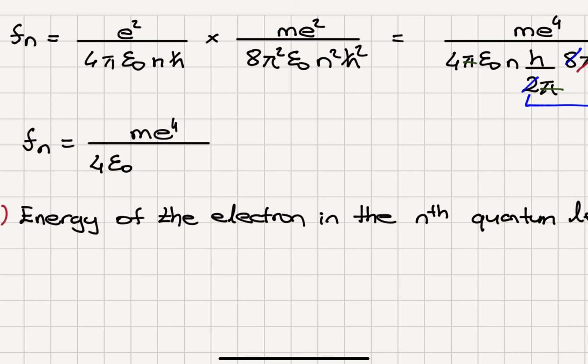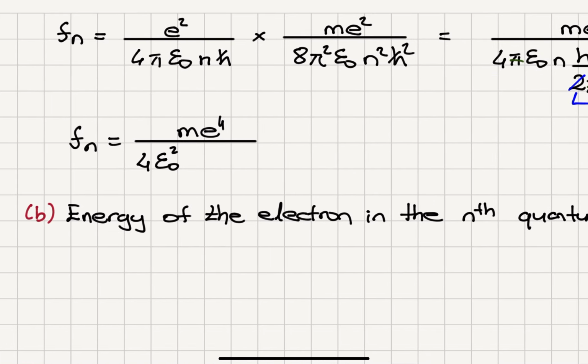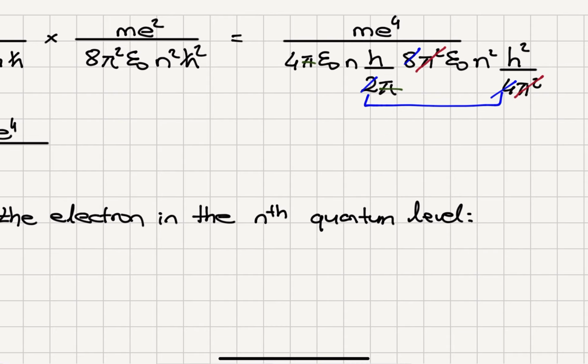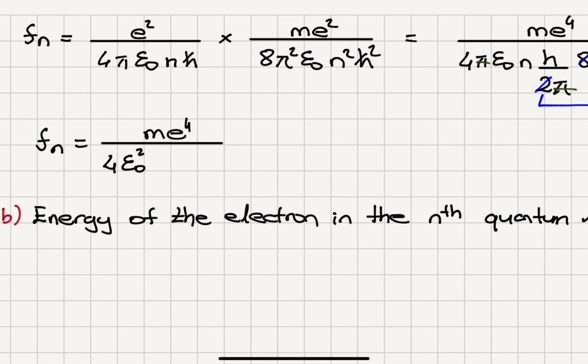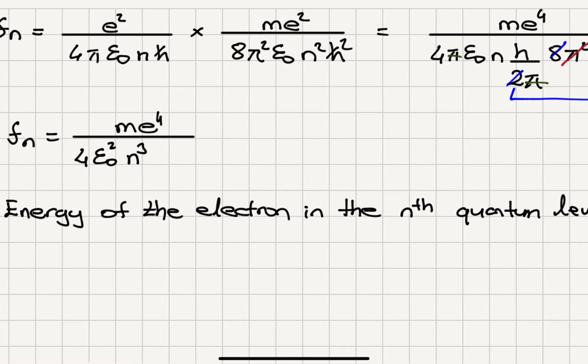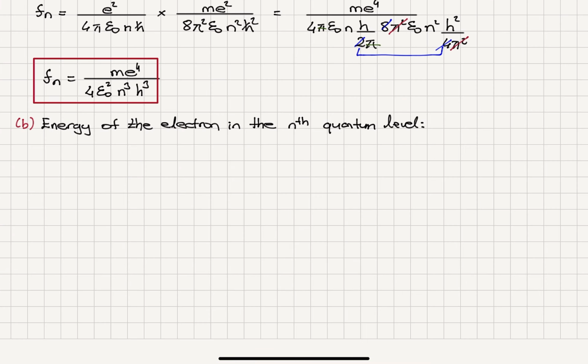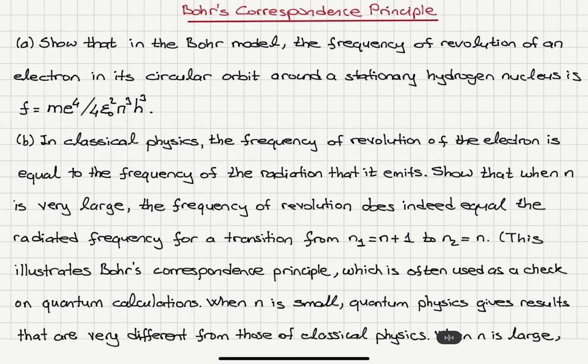For epsilon 0, I had 2 epsilon zeros here, so it's epsilon 0 squared. Then I had n squared and n, so this is going to give me n cubed, and I had h squared, Planck's constant squared, times Planck's constant, so it is h cubed. So the frequency of the nth orbit is given by this expression. Let's check the suggested answer: m e to the fourth power divided by 4 epsilon 0 squared n cubed h cubed.